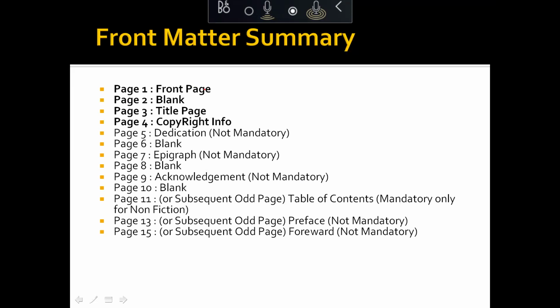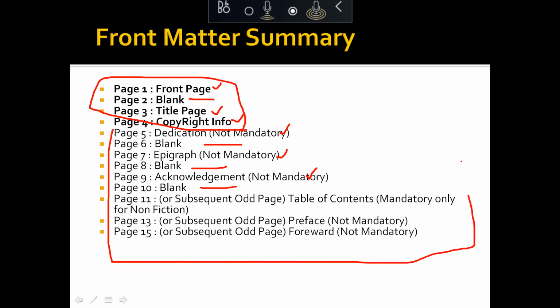So to sum it up: a front page, a blank page, a title page, copyright information, a dedication, a blank page, an epigraph, a blank page, an acknowledgement, a blank page, a table of contents, then preface, foreword. Now, only these four are mandatory. After this, you can leave out anything.